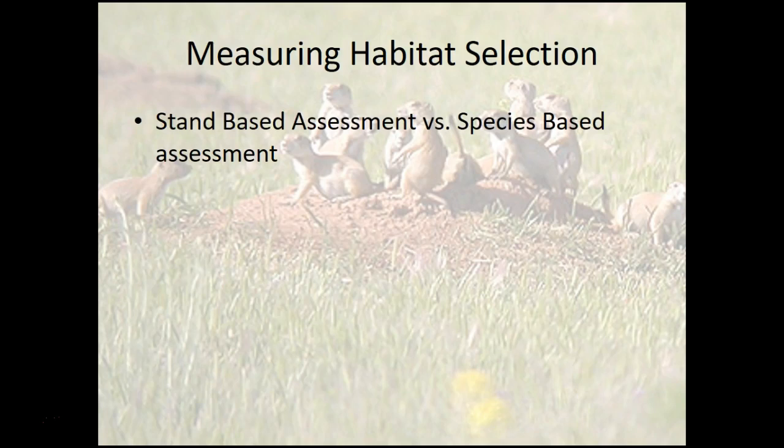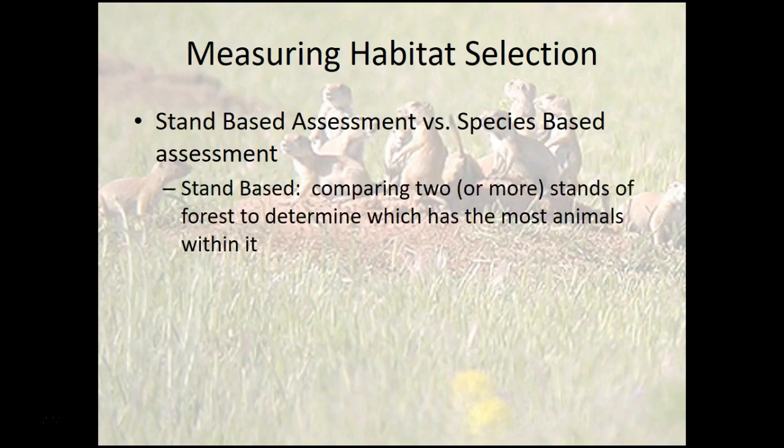So within that habitat, I have a couple ways of assessing how animals are choosing their habitat. We might choose to say a stand-based assessment. Basically, we compare two habitats. Maybe it's a ponderosa pine and an aspen dominated stand. And we might say, okay, which stand has more animals in it?